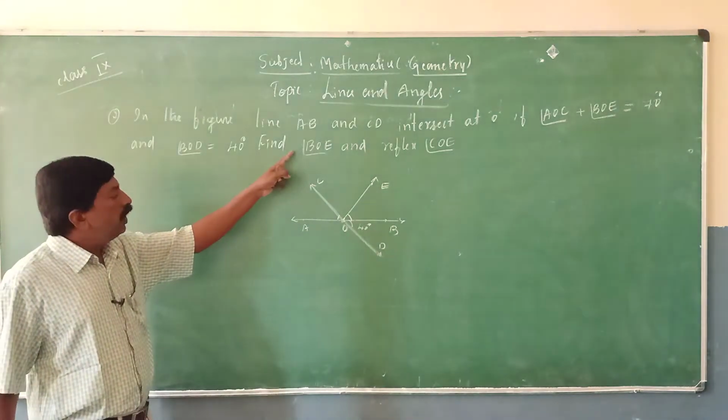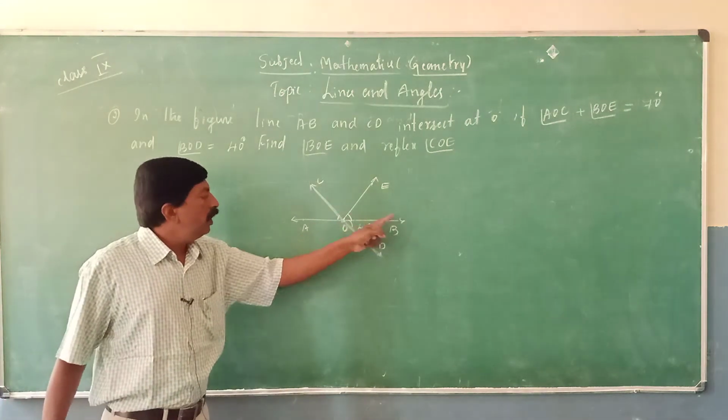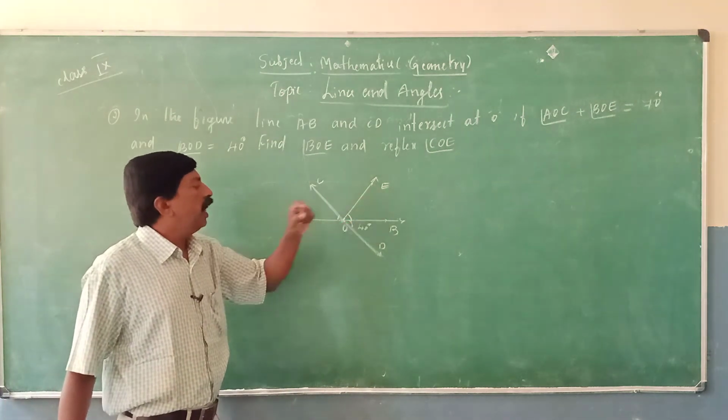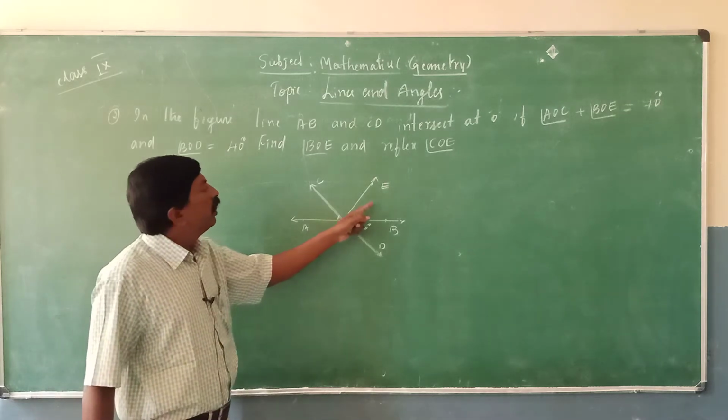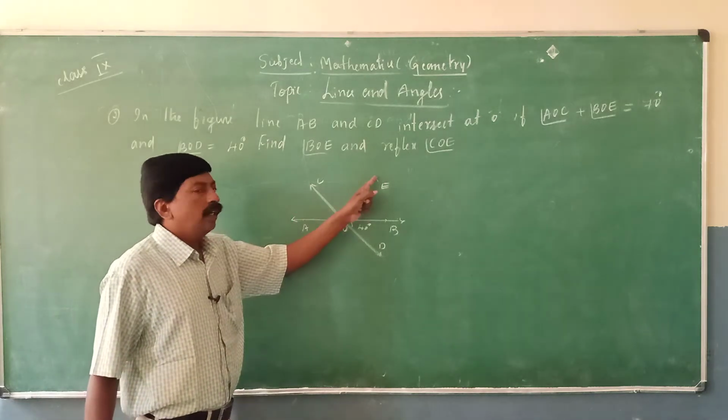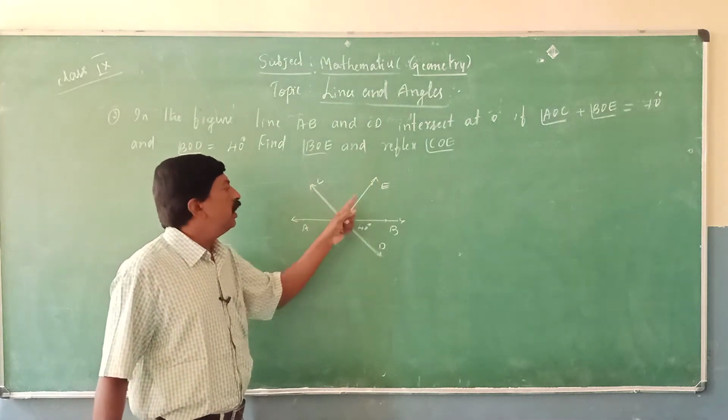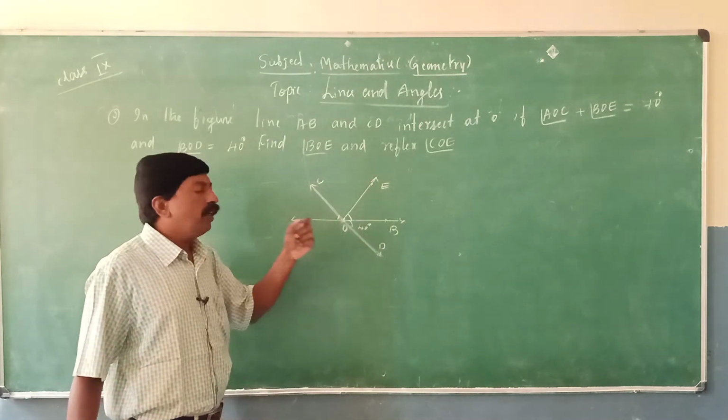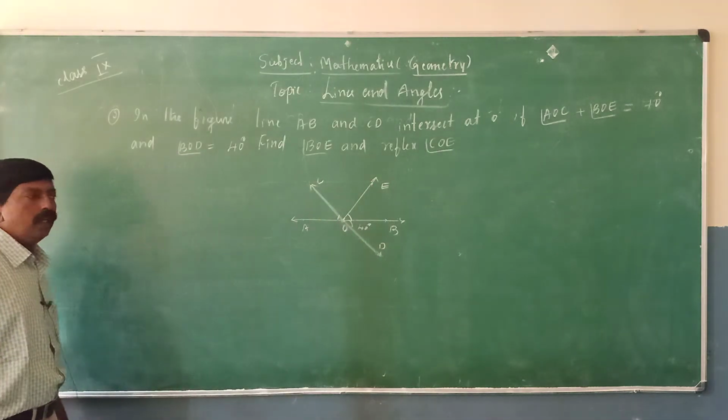Find BOE. BOE angle you can calculate, and reflex COE. It means if we find COE, very easily we can get the reflex COE.